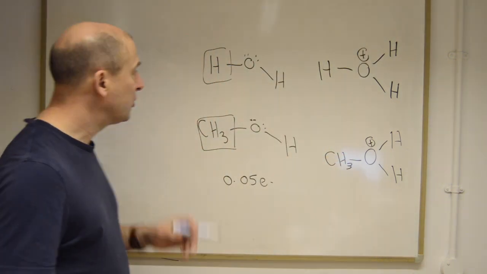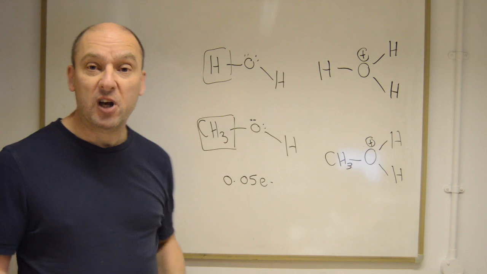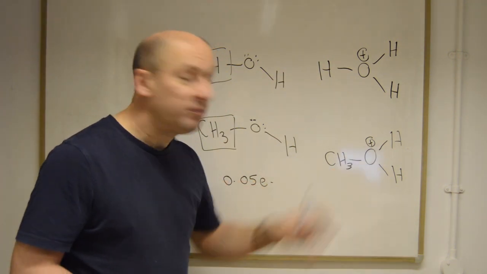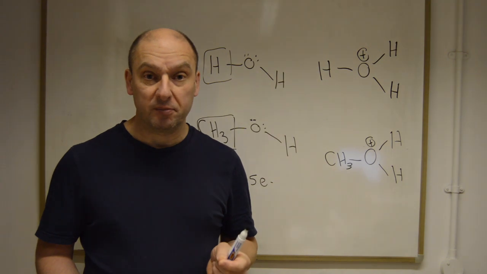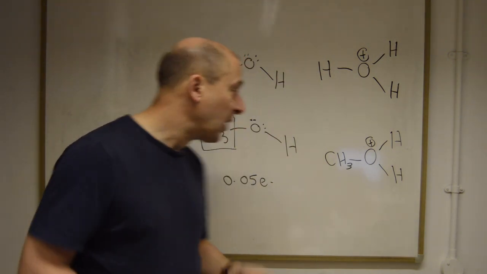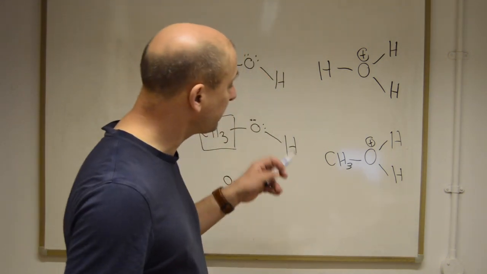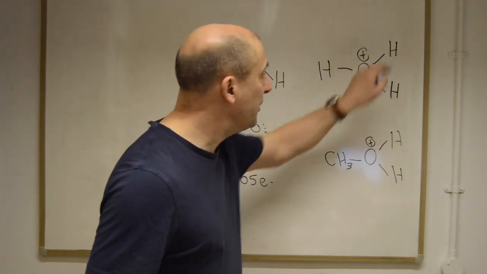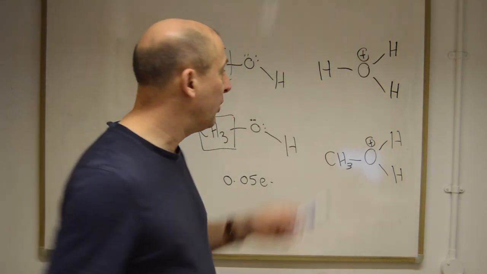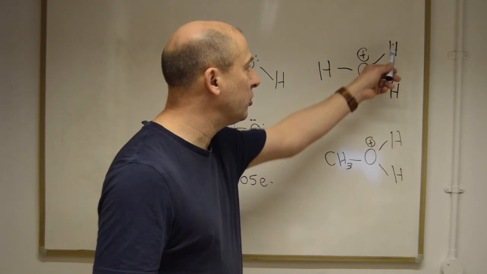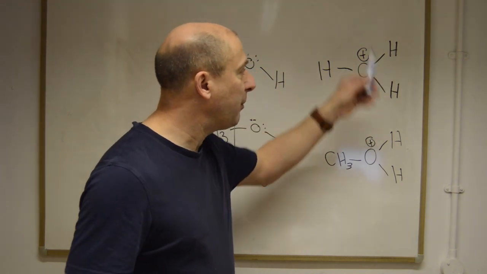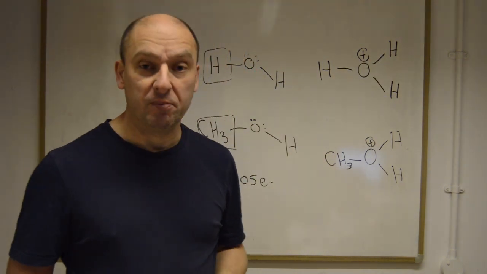Okay, so we've added a proton. In this case, we've got the hydronium ion. Here, we've got protonated methanol. Now we see a difference. And what we find with this ion here, we'll have a charge on our oxygen atom, and an equal amount of positive charge on each hydrogen atom.